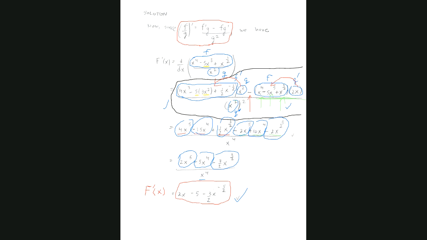Now I'm going to point one thing out here on this problem. This problem, actually, there was a second way to do it. We applied the quotient rule right away, right, to our big f of x function. But you could have divided the x squared into each of the 3 terms on top to get that the big f of x function simplifies to x squared minus 5x plus x to the negative 3/2.